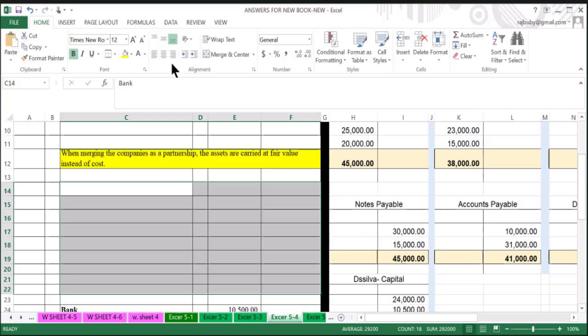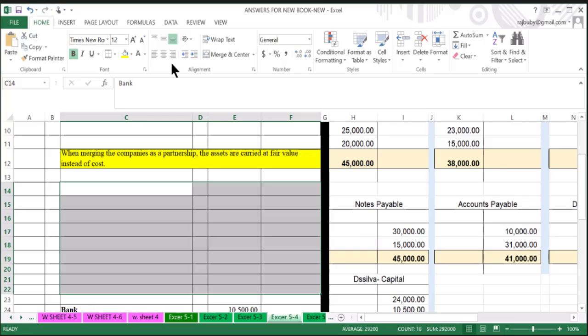How can the Dominic company contribute more than they have in the trial balance? Can you see allowance for doubtful accounts? In trial balance it is 3,000, but they agreed to contribute 3,500.